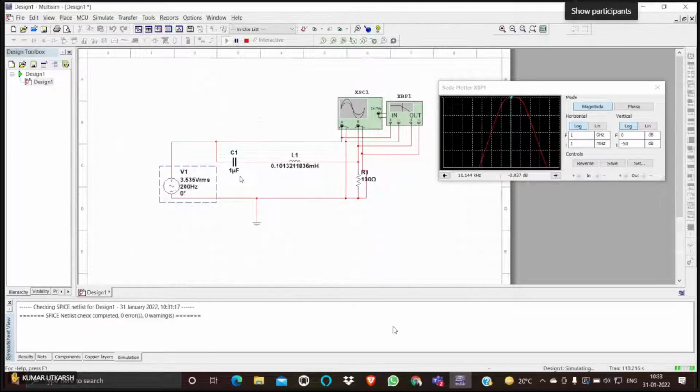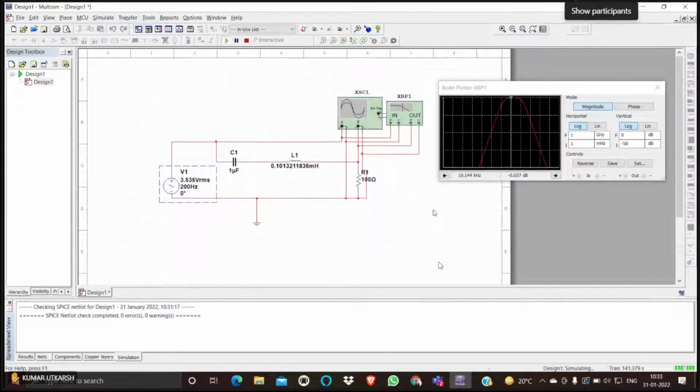Ma'am, for the resonant frequency, XL equals XC, and from there omega equals 1 by under root of LC, ma'am. From there, we can find out the resonant frequency theoretically. No, no, no. How have you designed L and C? See, the resonant frequency is equal to 1 upon 2 pi under root LC, right? Yes, ma'am.